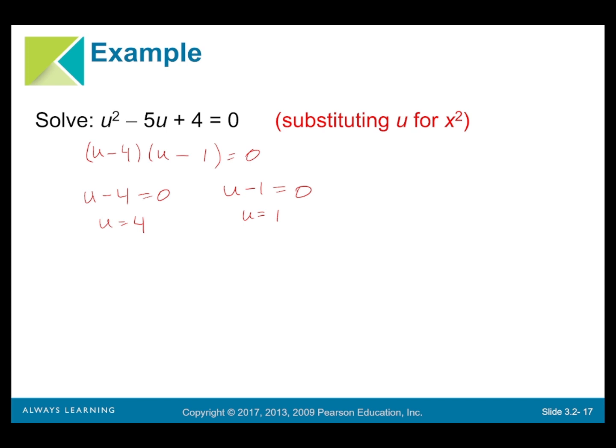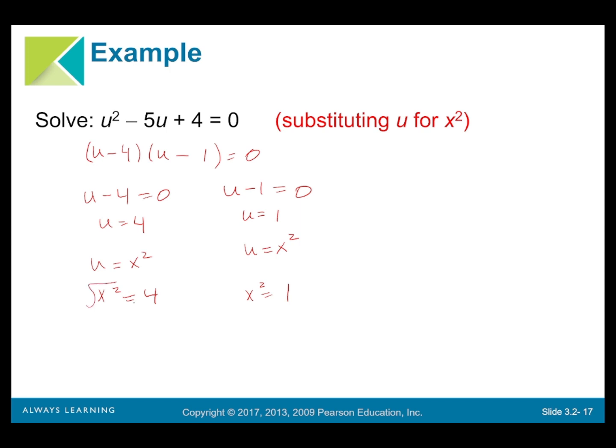But now they didn't ask me for a question in terms of u. They asked me for the solution in terms of x. Well, I know that u equals x squared. So I just pop the substitution back in, and I'm looking at x squared equals 4. And over here, again, I use u equals x squared, and I plop in x squared, and I get x squared equals 1.